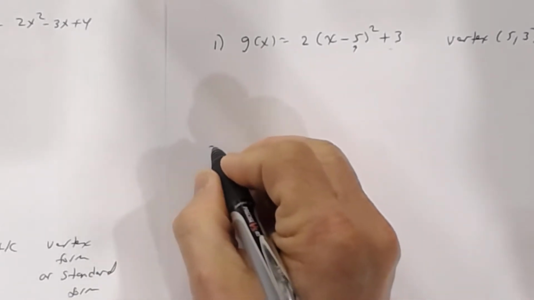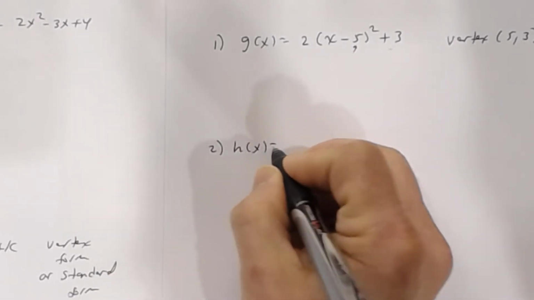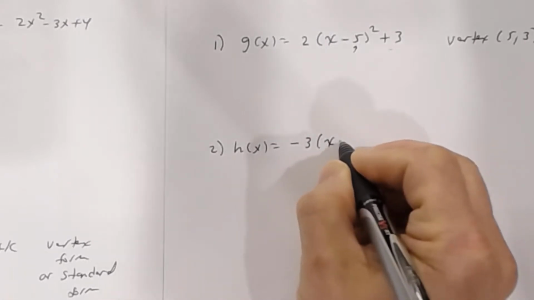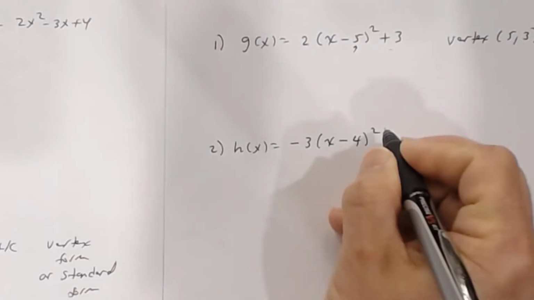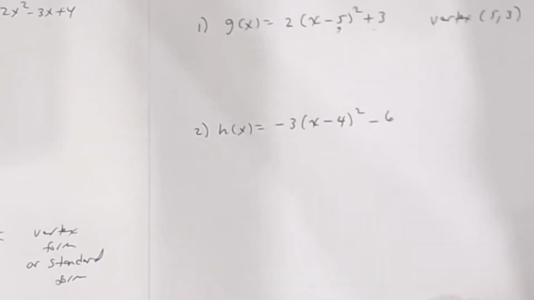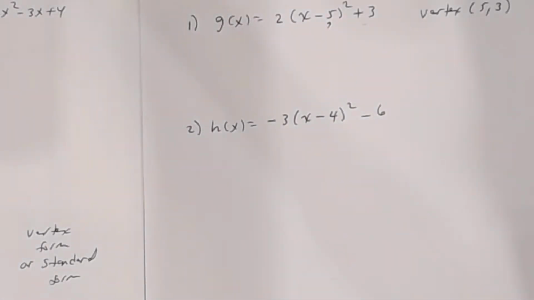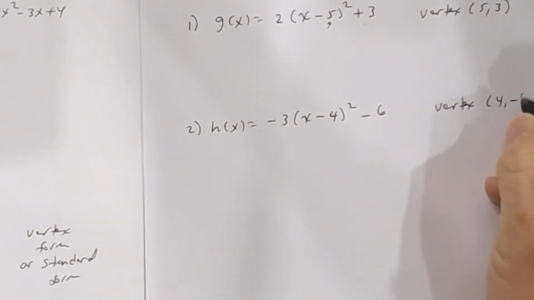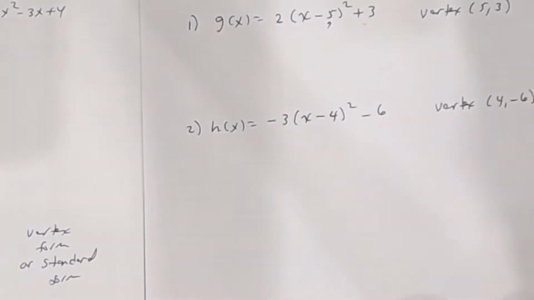Number 2. H of x equals negative 3 times x minus 4 squared minus 6. If that were my quadratic function, what form is this? Vertex form. What's going to be the vertex? 4, negative 6.